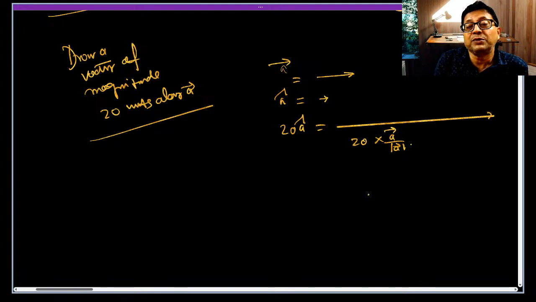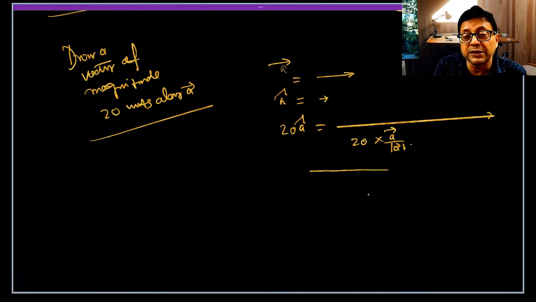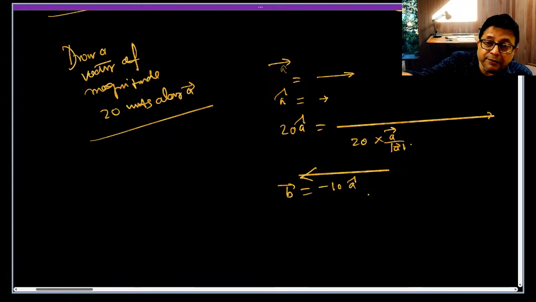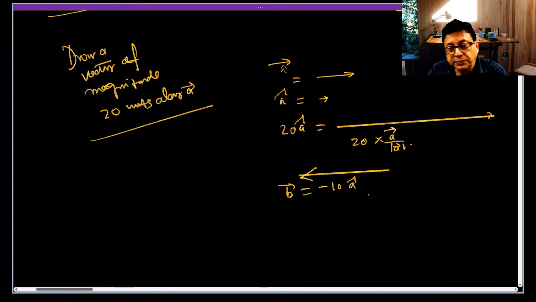If 10 units but in the opposite direction is required, you produce the unit vector in the opposite direction 10 times. Then this may be minus 10 A cap. This is a vector of magnitude 10 units opposite to the direction of vector A, but parallel to it.